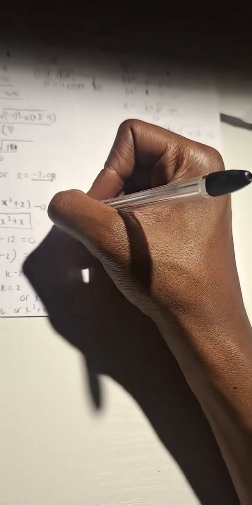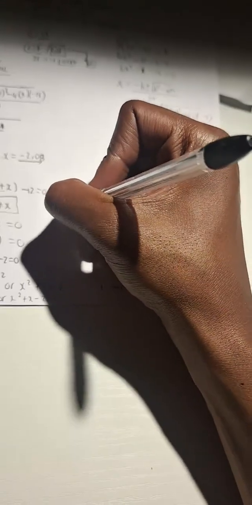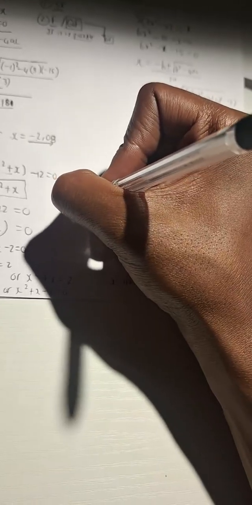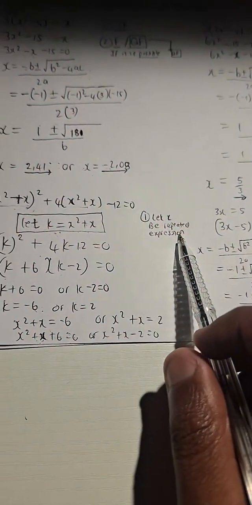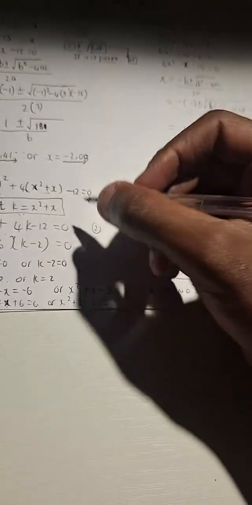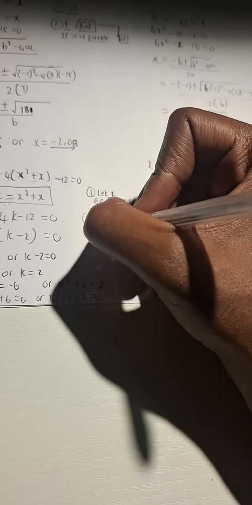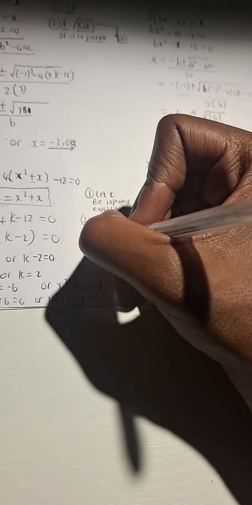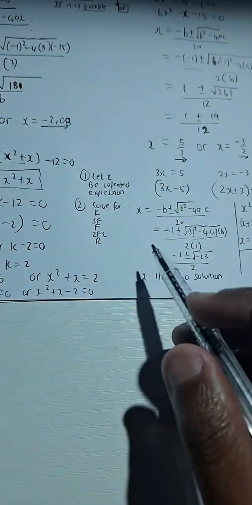So back to the beginning. When we use the k method, step 1, we let k be the repeated expression. Step 2, solve for k: standard form, factors, zero factor law, roots.